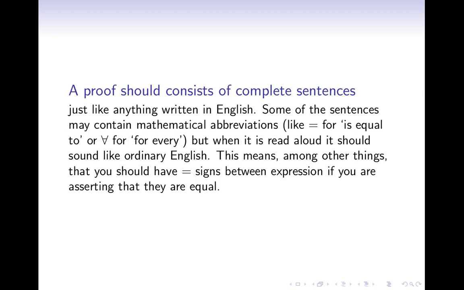You can use mathematical abbreviations, but when a person reads those out loud, they are translated into English. And one thing in particular that you should be careful of is leaving out equality signs. If you want to say two things are equal, then you have to put the equality sign in to make the thing into a mathematical sentence.